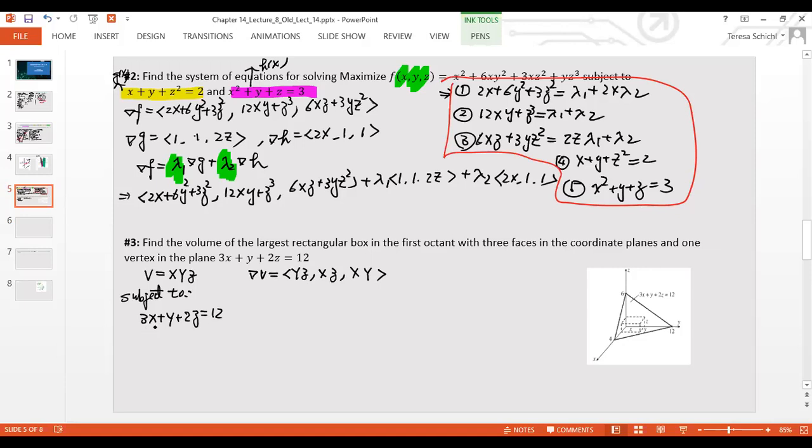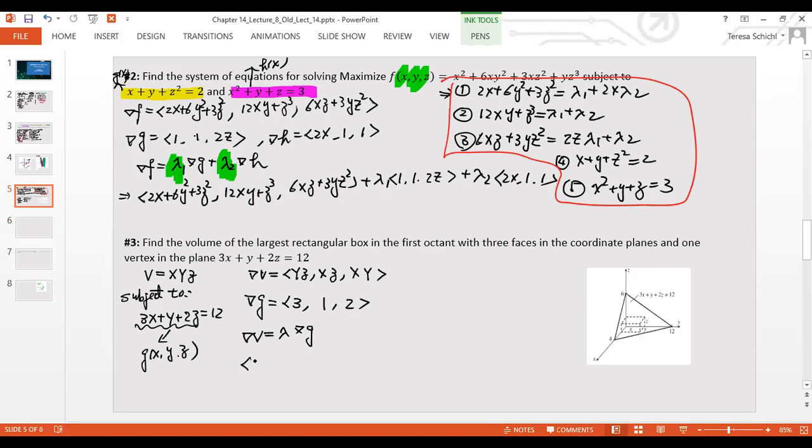This is my condition, so let me call this function g of x, y, z. Now I know that del g will be g of x is 3, g of y is 1, g of z is 2. Okay, so now for the Lagrange multiplier, we say del v is equal to lambda del g.